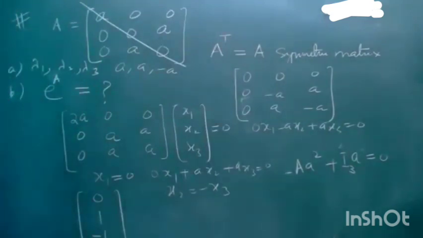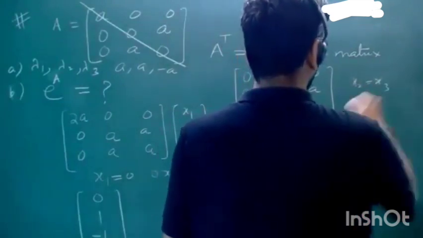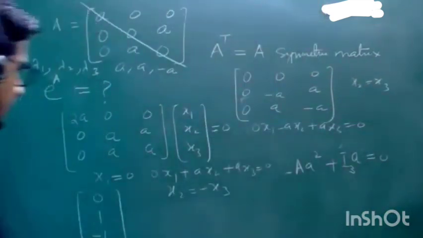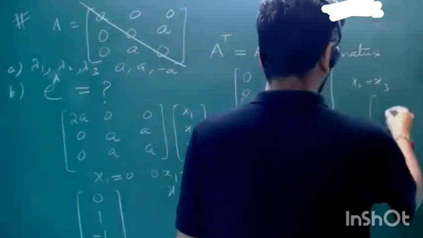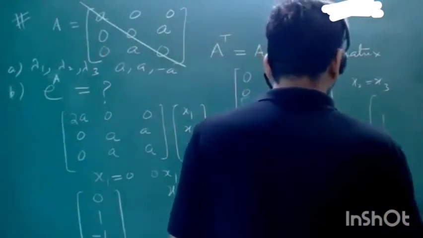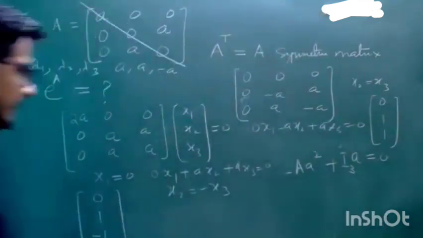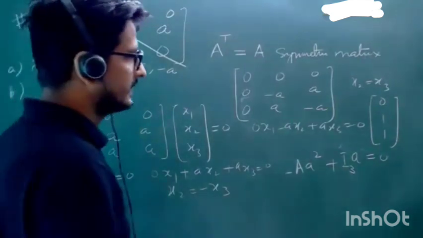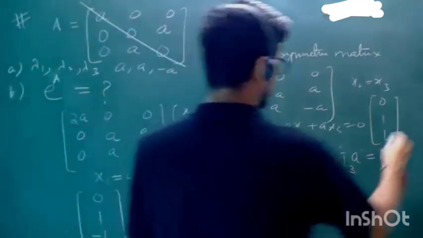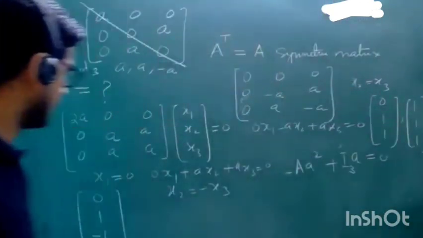So it will become x2 is equal to x3. And we can write this as 0 1 1. And this is a degenerate value, right? So one value I can write as 1 1 1. But we have to check.